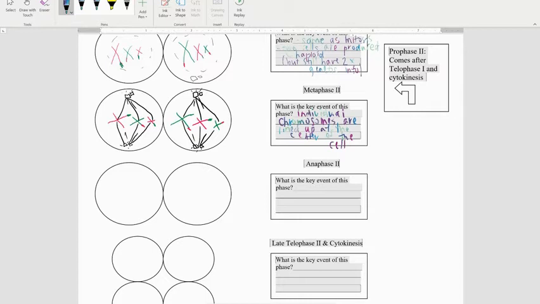Okay, metaphase 2, and again, it looks just like what it would look like in mitosis. The only difference is those chromosomes have some little pieces from their homologous pair where they did that crossing over process. All right, let's switch back to the PowerPoint.